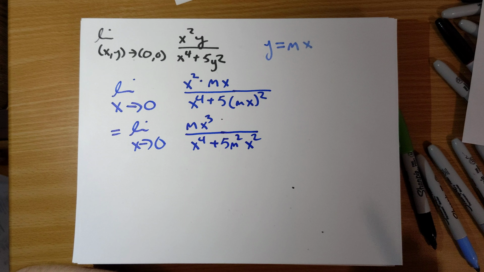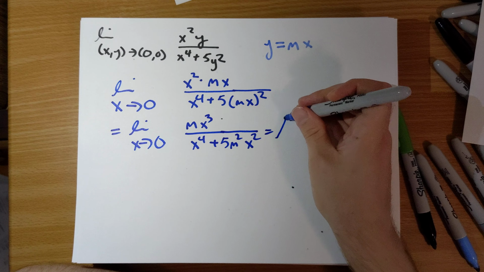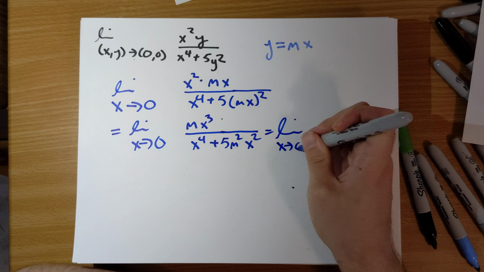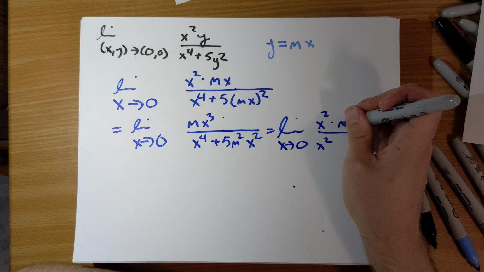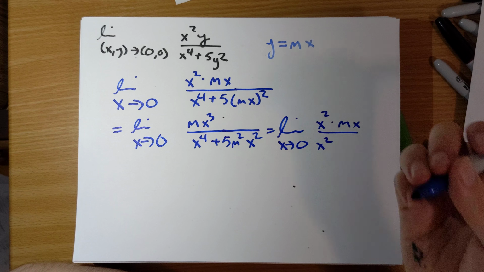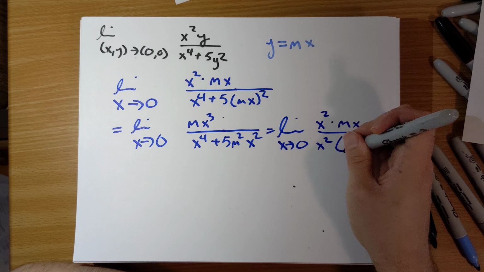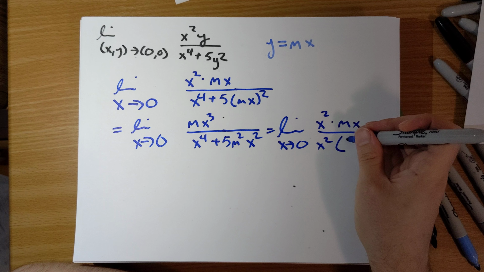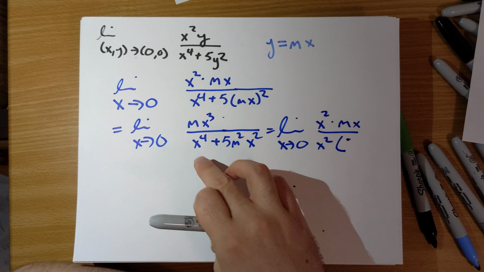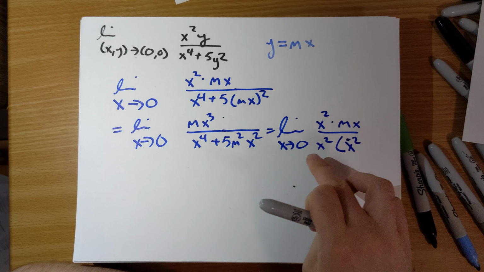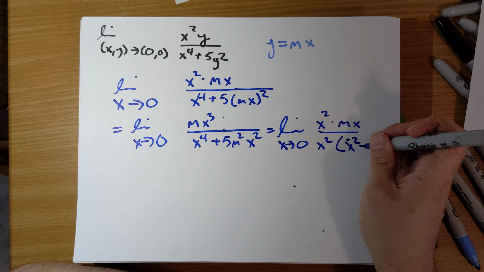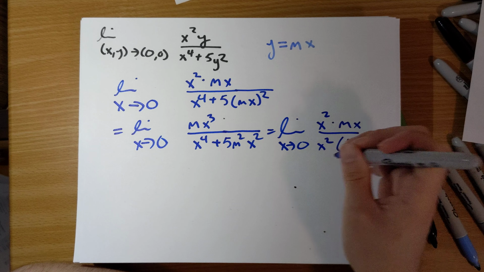We can factor an x squared out of the denominator. x squared times mx. We can factor x squared out of both the numerator and the denominator. So x to the fourth downstairs becomes x squared times x squared. 5m squared x squared becomes 5m squared times that.